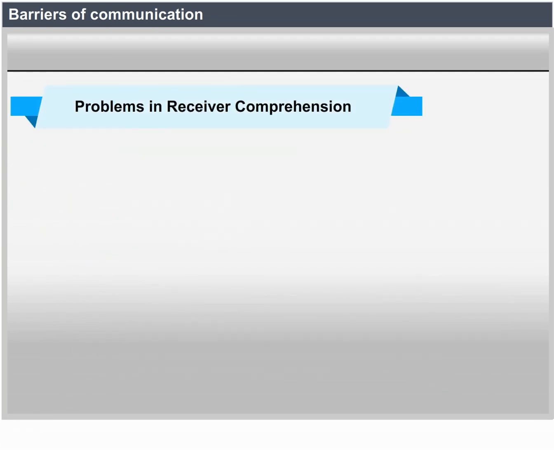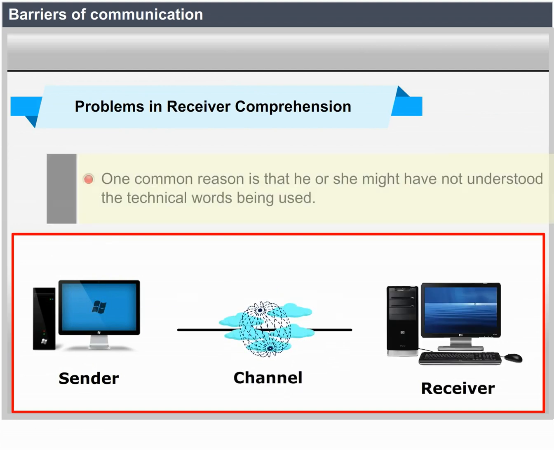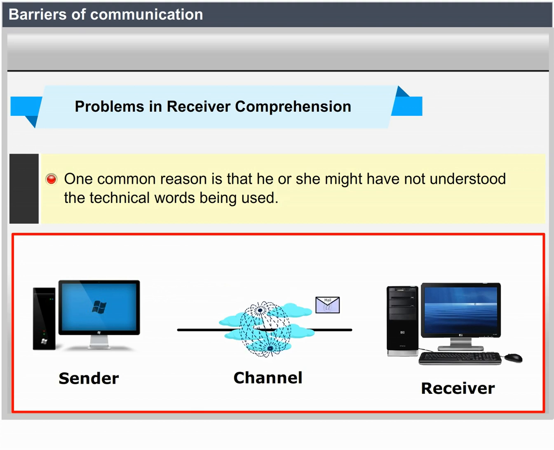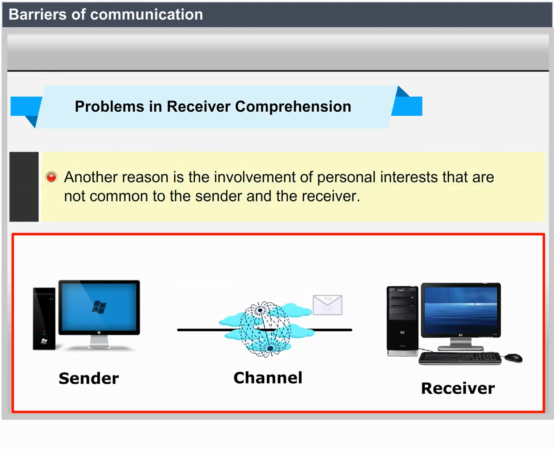Problems in receiver comprehension. Sometimes the receiver will have a problem comprehending the message. One common reason is that he or she might not understand the technical words being used. Another reason is the involvement of personal interests that are not common to the sender and the receiver.